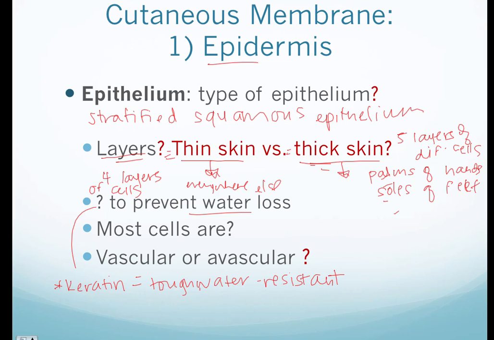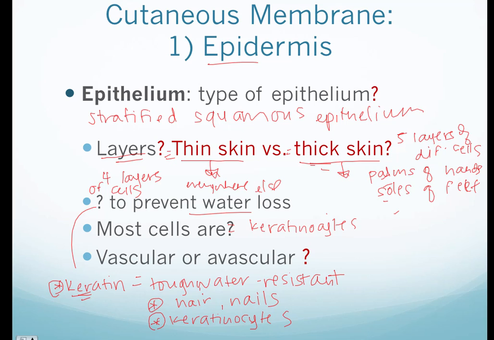So where else besides your skin do you think you're going to find keratin? Good. You're also going to find it within your hair and your nails. And the specific cells that give rise to all of this keratin are called keratinocytes.